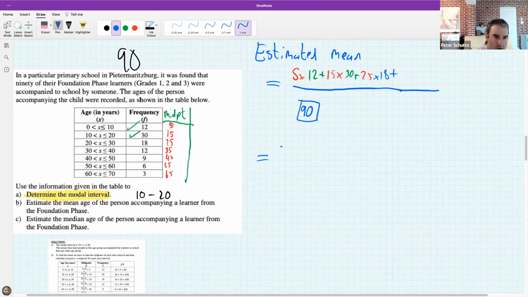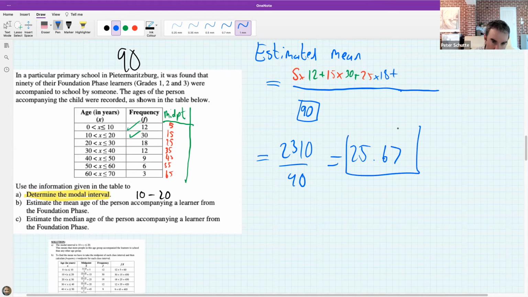So 2,310 divided by 90, and you'll get 25.66 or 25.67 if you round off, and depending on how many decimal places you round off to, you would just follow that. So the estimated mean is going to be 25.67. Now, were you guys able to do that? Are there any questions or comments about that?